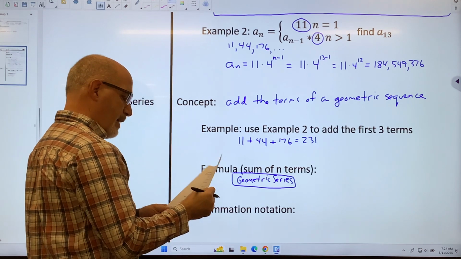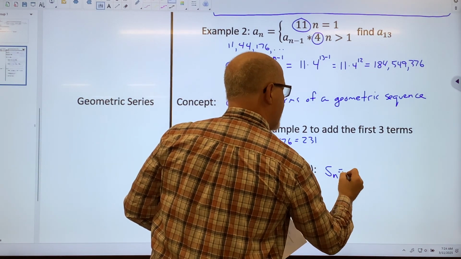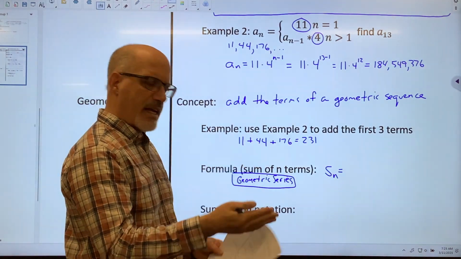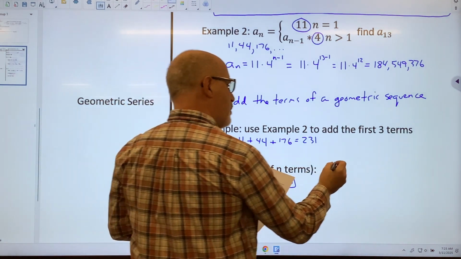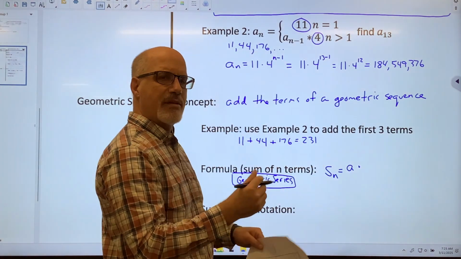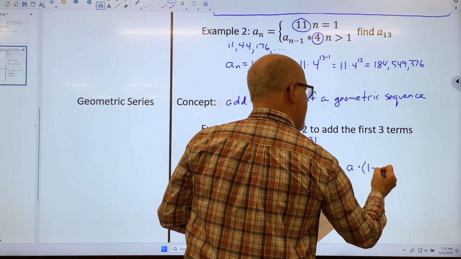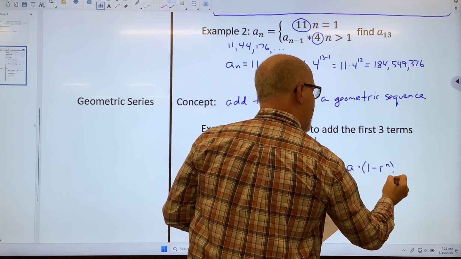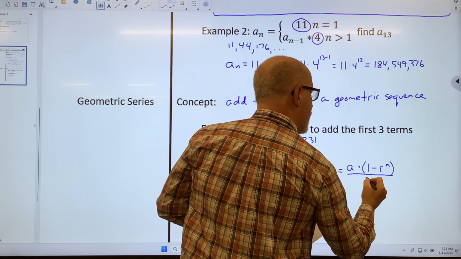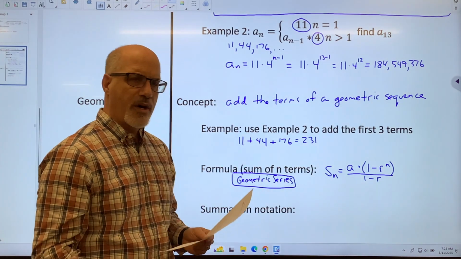That formula is where we say S sub n, S standing for the sum of the first n terms. That's going to equal the first term, sometimes listed as a sub 1, sometimes just listed as a, times 1 minus r to the n power, all over 1 minus r, where r is our common ratio.